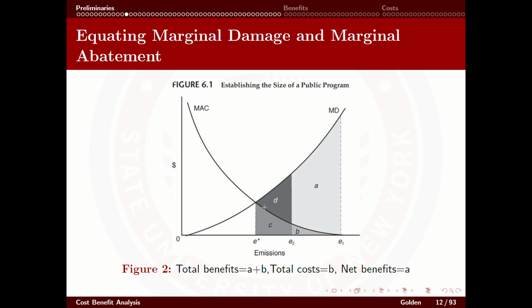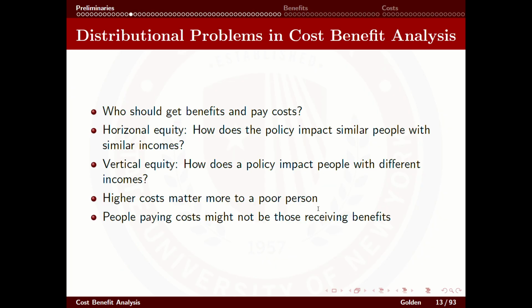And so if you subtract out C and B, you get the net benefits.